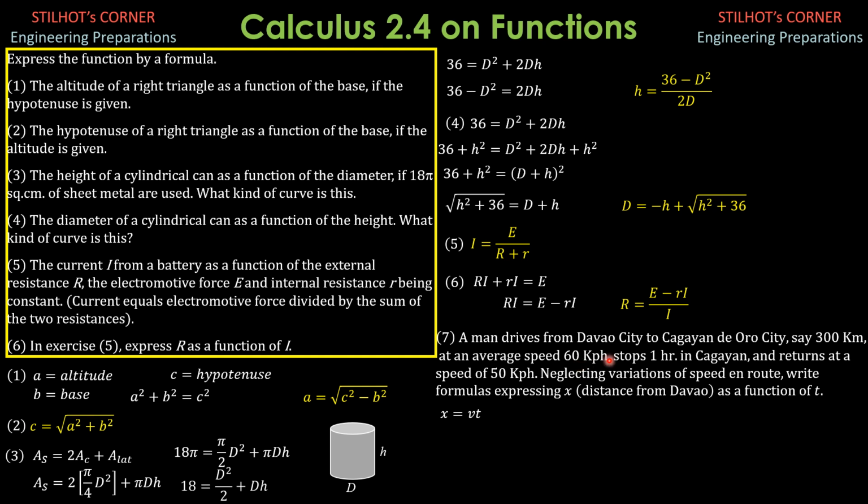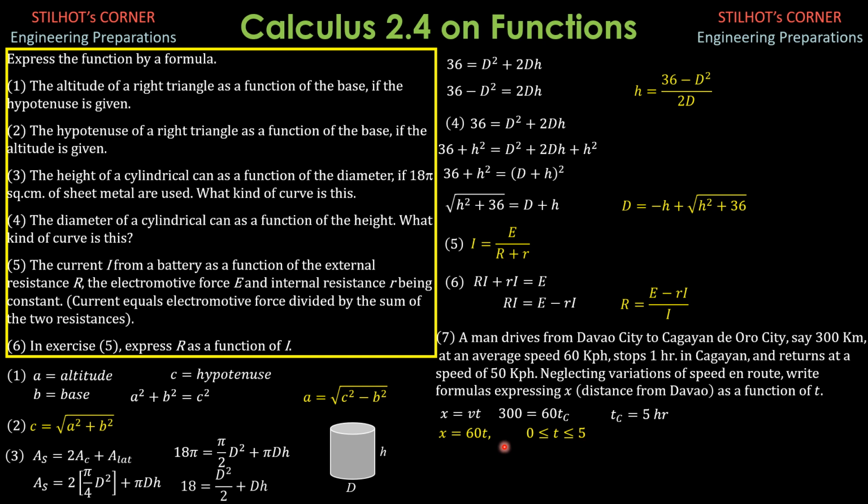So the distance from Davao is x equals speed 60 times time. The car reaches Cagayan de Oro City when the distance from Davao to Cagayan is 300 kilometers. So 300 equals 60 times time. Then time to reach Cagayan is 5 hours. Therefore, x is 60 times time, applicable from 0 to 5 hours.